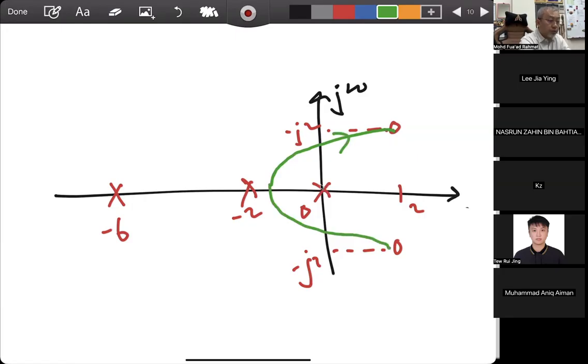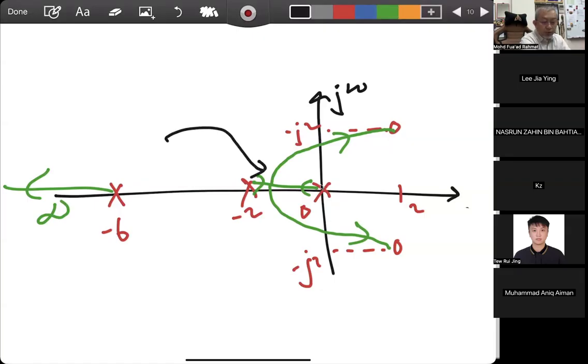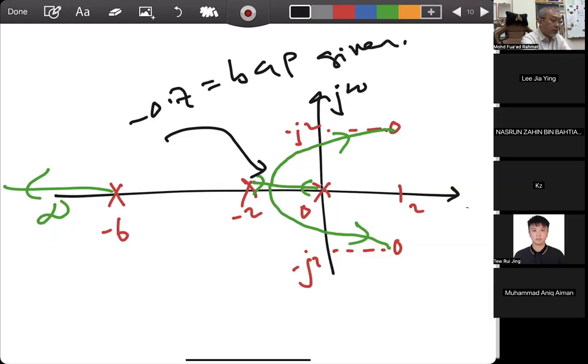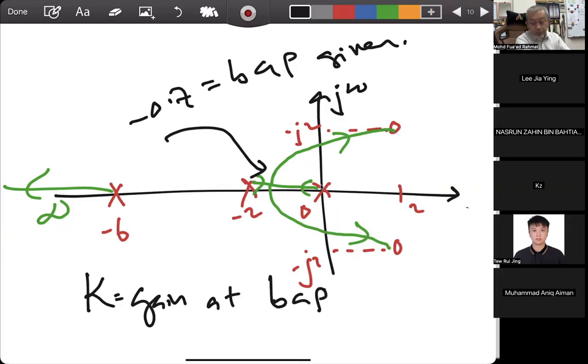So given the breakaway point is minus 0.7, you are required to find the gain K at breakaway point.